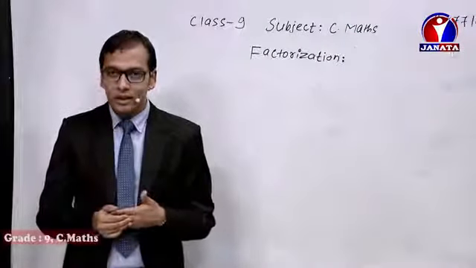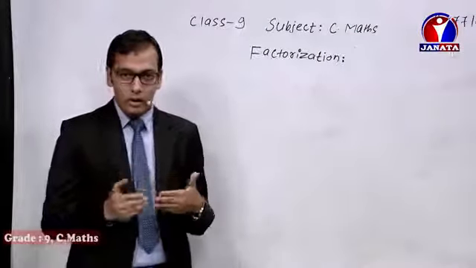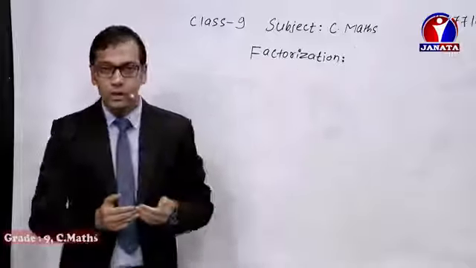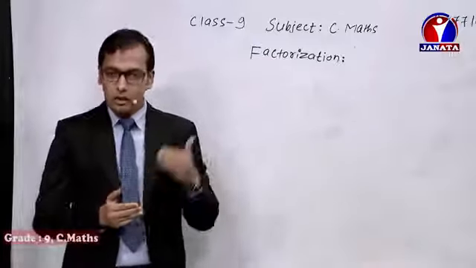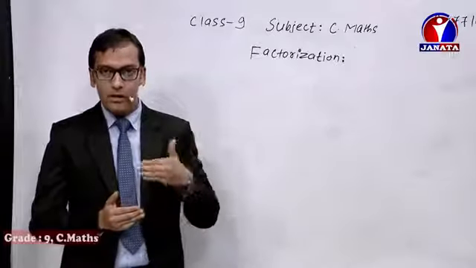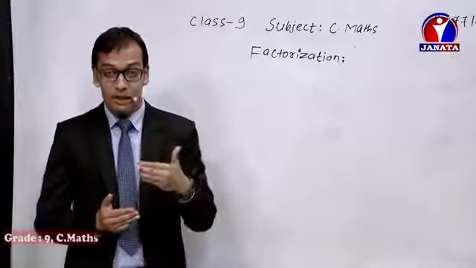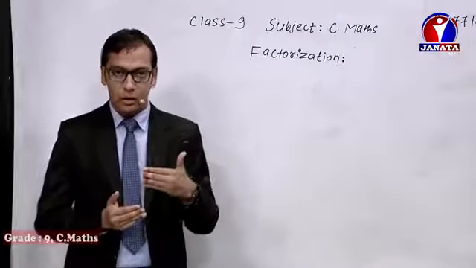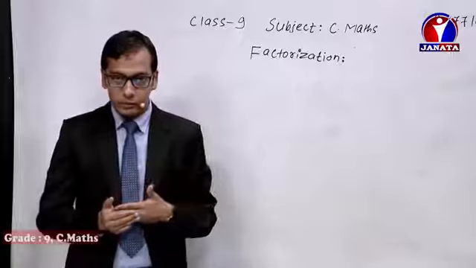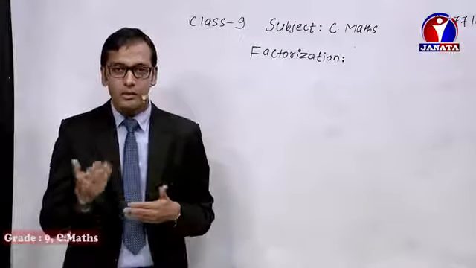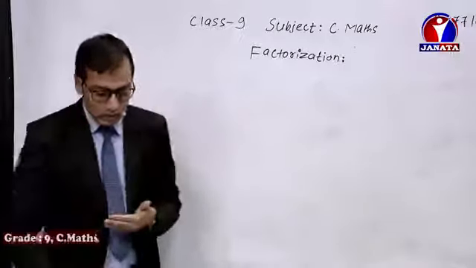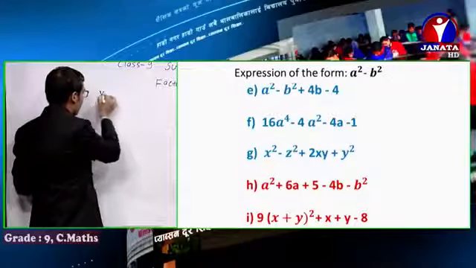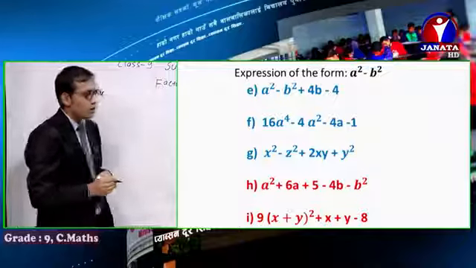So today let me connect with the same topic, factorization, and here today's first objective is, after taking this class, we will be able to factorize an algebraic expression having 5 terms. Okay, so let me take the first question for today's class.